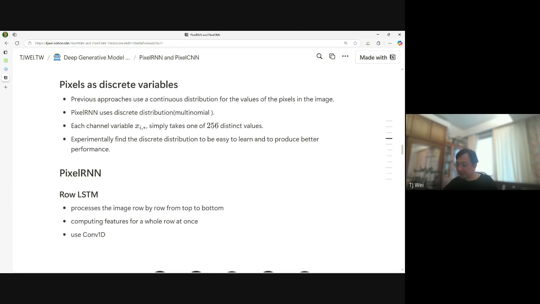Even though in some aspects it seemingly has no downside, it is more difficult to train. So you may not actually get the benefit that you are expected to get from the continuous distribution.